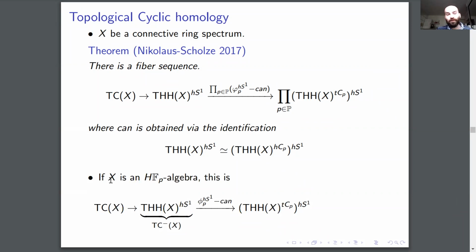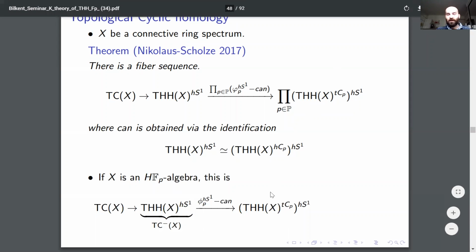Or in case you're working with an HFP algebra, then all the other primes are inverted. Then in that case, all factors in here except one of them die, and your fiber sequence gets simplified in this way. So you are just left with one of the factors.